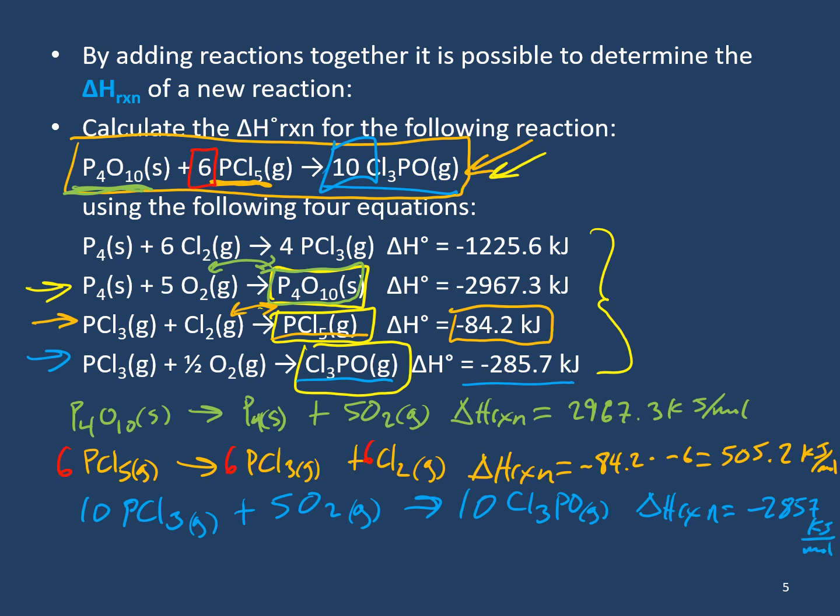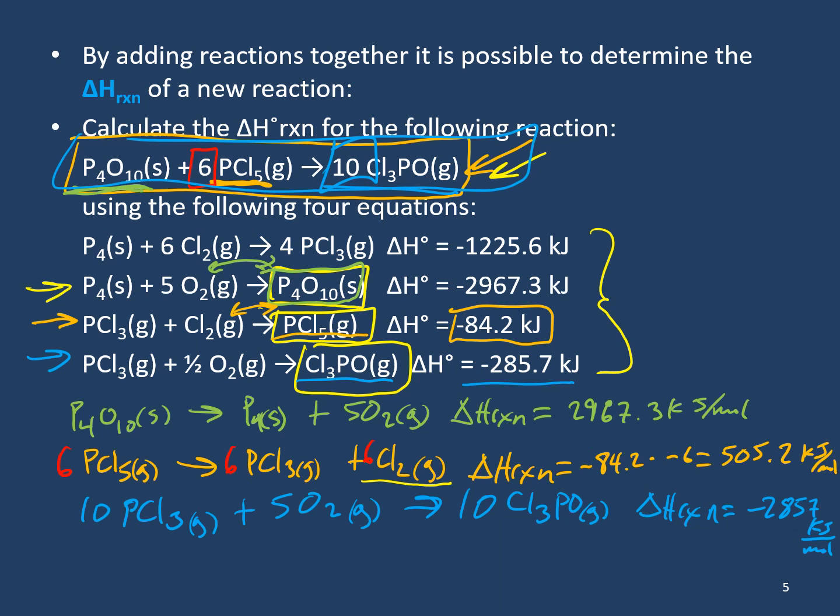So we haven't used that first equation yet, and if we look at why, there's an important reason. Now, we may have all the products and reactants in our overall reaction, the one we're trying to determine, all the way up here, but we also have some other stuff that's going to be left in our equation. For instance, if we look at this, right, we have Cl2 in this reaction here, but it's nowhere else in our problem.